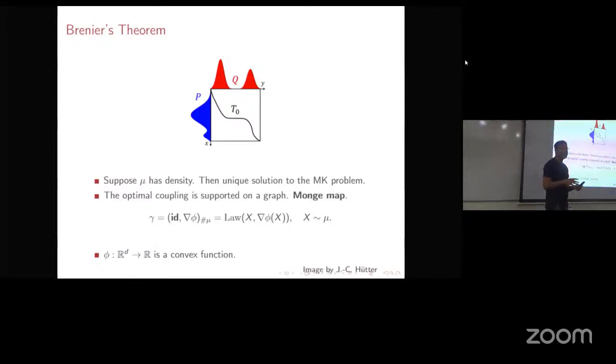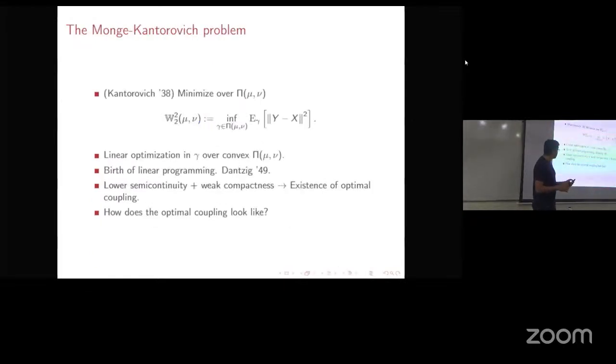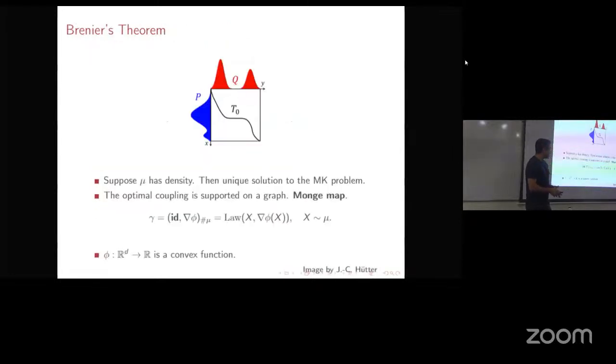What does that mean? Look at the Monge-Kantorovich problem. It is minimizing this expected value over the set of couplings of mu and nu. A unique solution means there is one coupling that achieves this minimum. Lo and behold, that coupling is the solution that Monge was asking for.